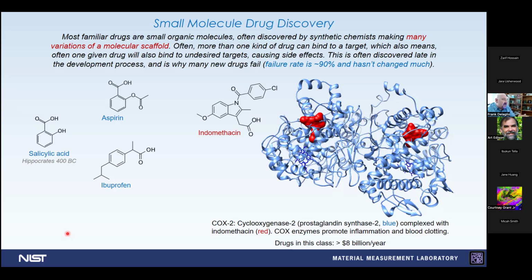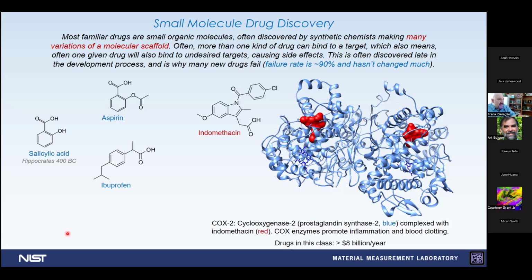So, for example, this particular enzyme catalyzes the production of prostaglandins, which promote inflammation, and also thromboxanes, which promote blood clotting.